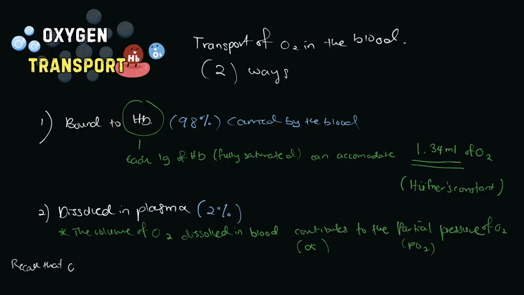Why is it important? Because this is the portion that is involved in gaseous exchange. Recall that in Fick's law, diffusion occurs along a pressure gradient. So it is this portion dissolved in plasma that goes into the tissues.